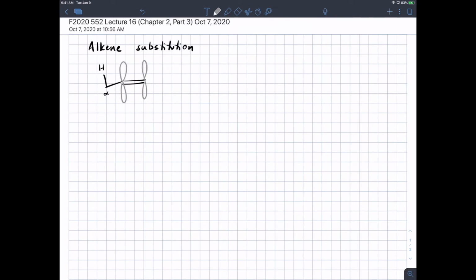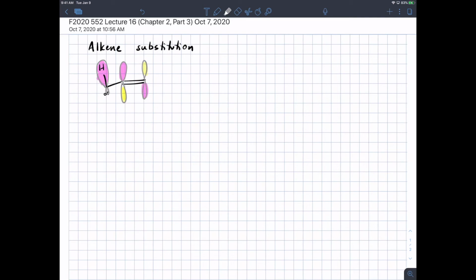that filled carbon-hydrogen sigma bond, again from a valence bond perspective, donating electron density into the pi star on the alkene. This process would allow the electrons in the carbon-hydrogen bond to move down lower in energy.